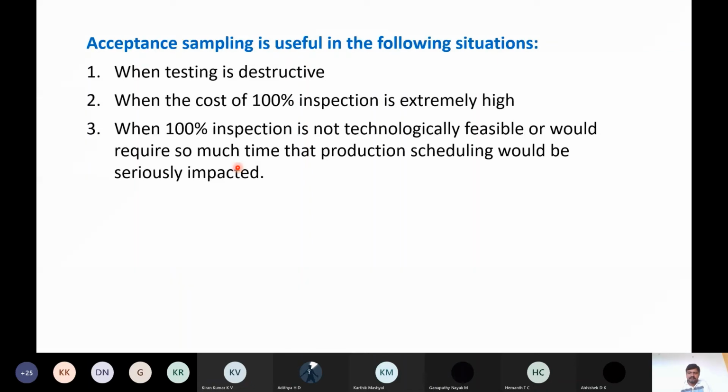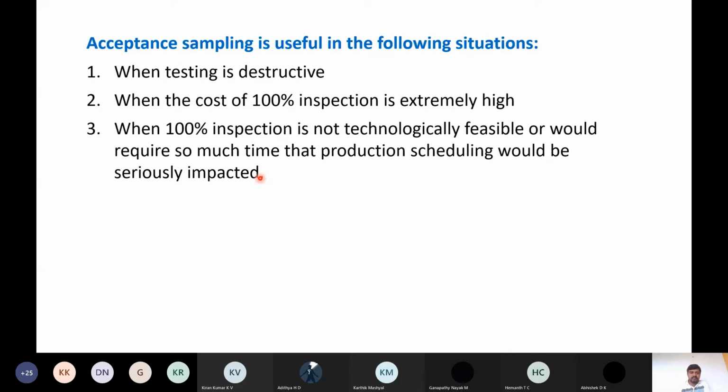Then the remaining operations, those workstations or machines, will not get semi-finished products in time because of the time taken for inspection. So it is not possible to supply enough semi-finished components for further processing. That is the problem.